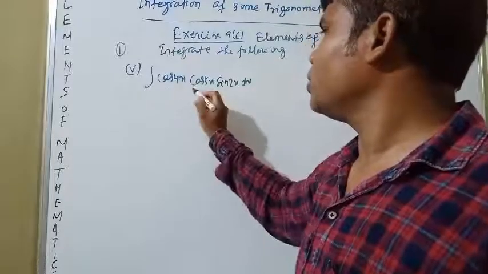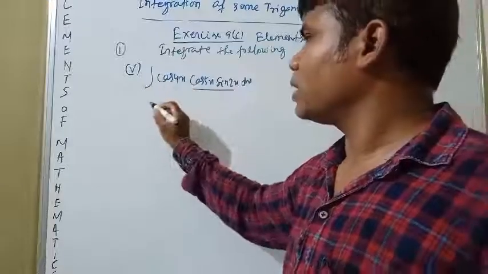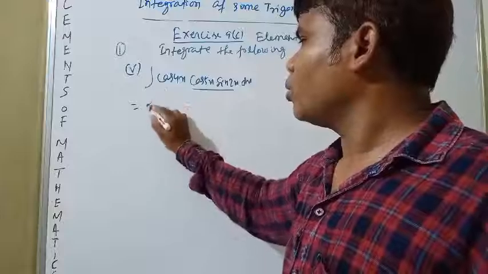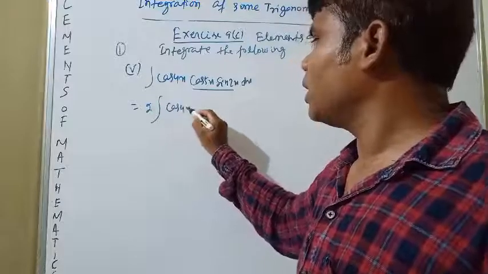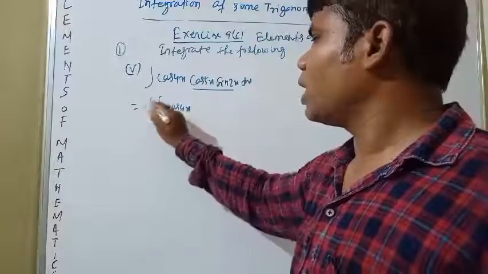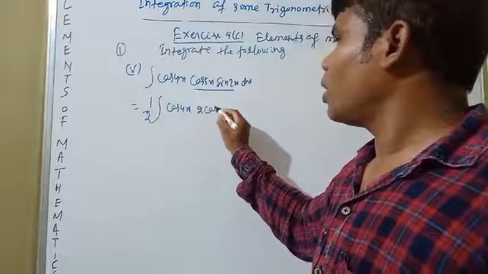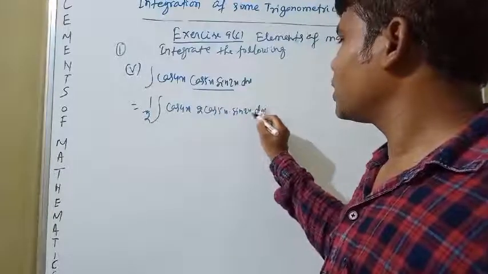Suppose these two you take together at first, then you take the other. Here you write 2 into cos 4x, not half, here you write 2 cos 5x into sin 2x dx.